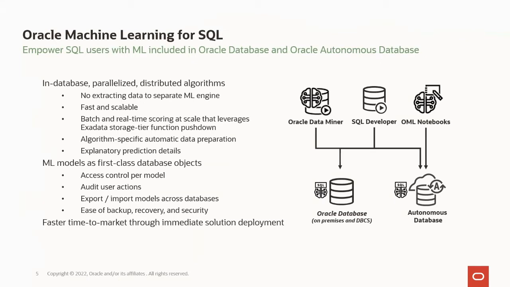These algorithms are fast and scalable, and they enable batch and real-time scoring and provide explanatory prediction details so you can understand why an individual prediction is made. The in-database machine learning models are first-class objects in Oracle Database, so you can control access by granting and revoking permissions, audit user actions, and export and import machine learning models across databases.